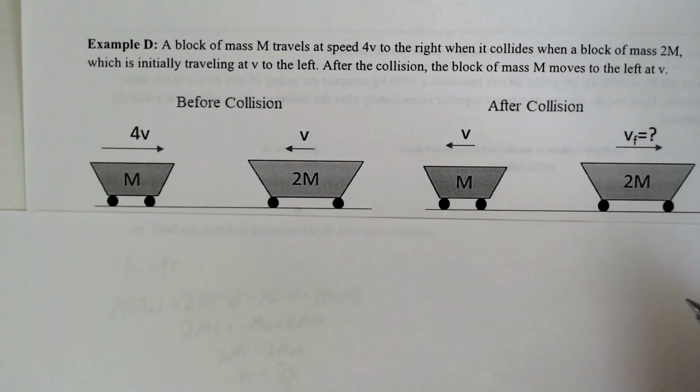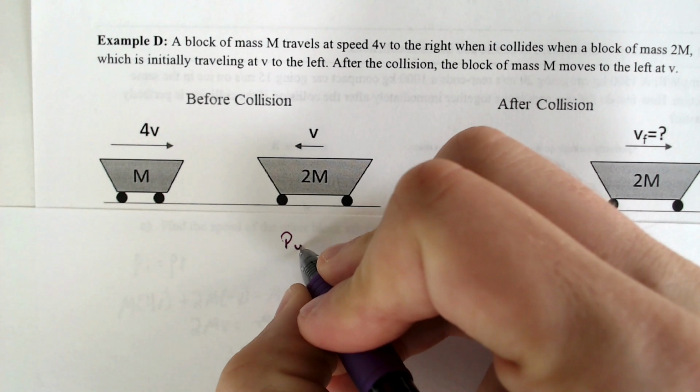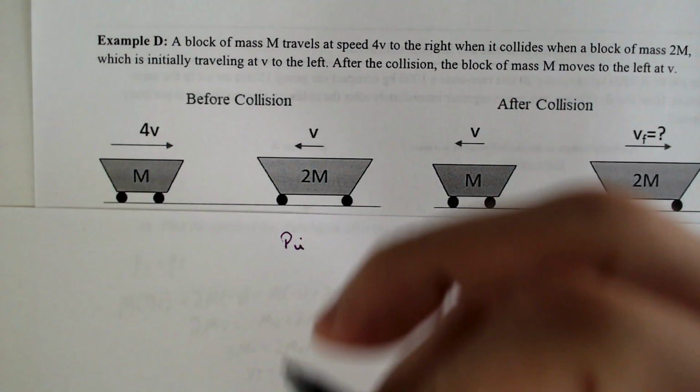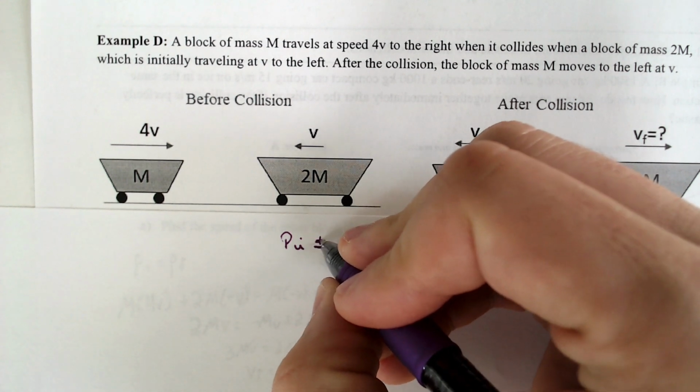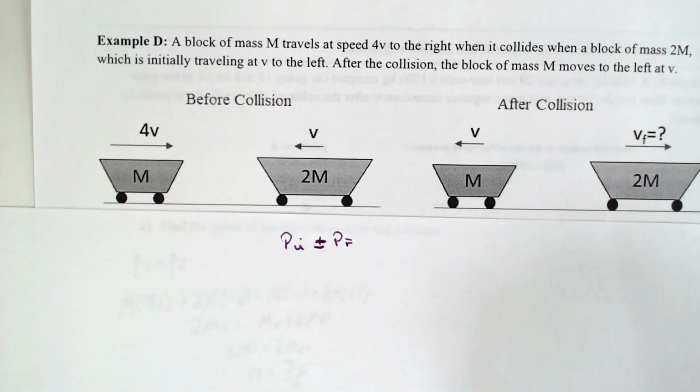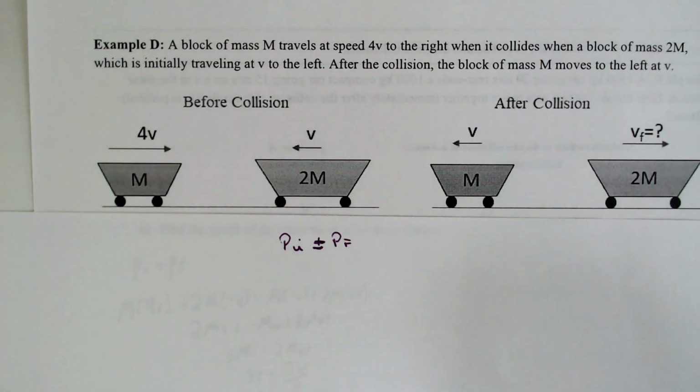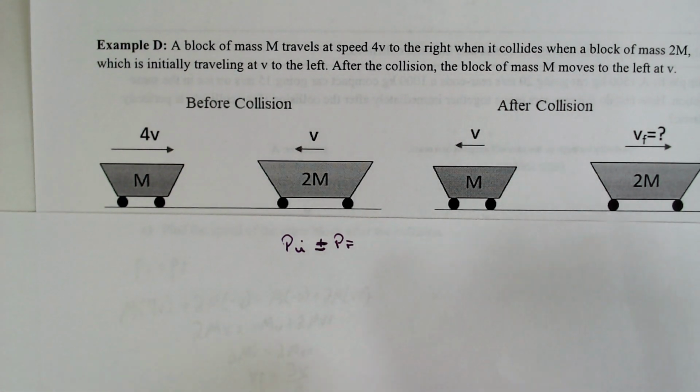All right, so what do we got here then? We have this idea that the initial momentum will have to equal the final. And what is the initial? Let's think about the initial.